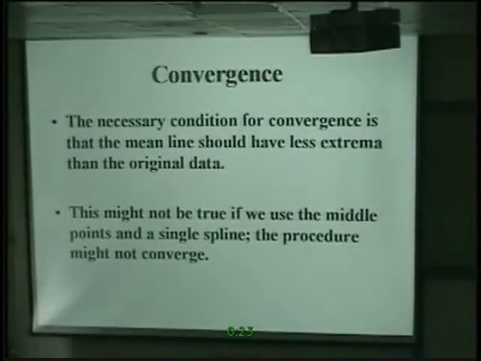So the necessary condition for the convergence is for the mean line to have fewer extrema than the original. So if the component that you got has the same number of extrema as your original, that means you're not converging, because you still have the same number of maxima and minima, so the data still has the same scale as the previous one, when you started.